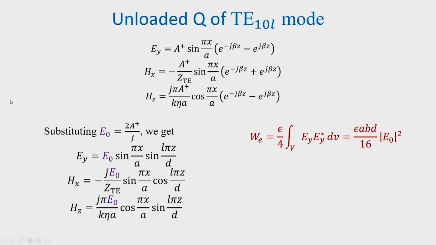When the expression for the Ey field component is substituted and we evaluate this integral over the volume of the cavity, that means 0 to a, 0 to b and 0 to d respectively for the variation of x, y and z, we get this expression.